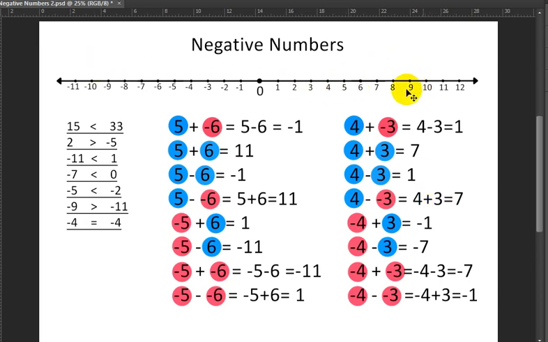And then you just go to the number line and you go forward or backwards depending on if you're adding or subtracting from wherever the first number is. And again, whether or not the first number is positive or negative does not matter. It only shows us where we start from on the number line. So here it was 5, so we started from here and then added and subtracted. When it was negative 5, we started from here. And that's all it shows us.